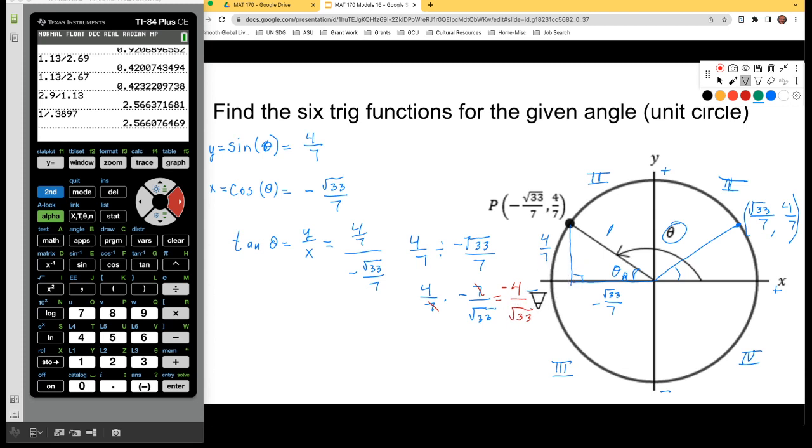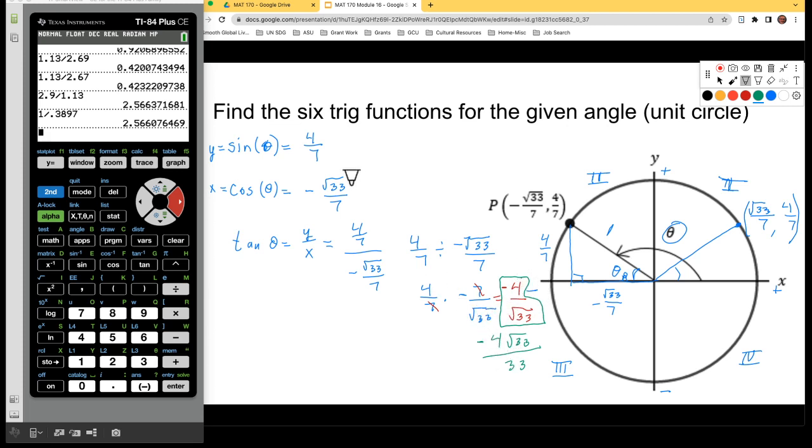And so you'll see this in the notes, possibly as negative 4 square root of 33 over, in the denominator, square root of 33 times square root of 33, which is positive. It just becomes 33, right? Square roots sort of cancel each other out. So this is another way to write it. I like just leaving it this way because in our modern world, we can deal with it.